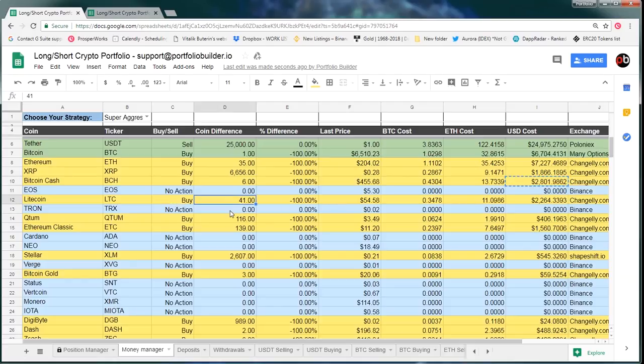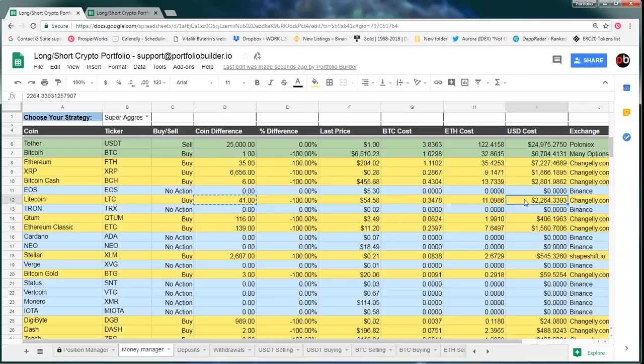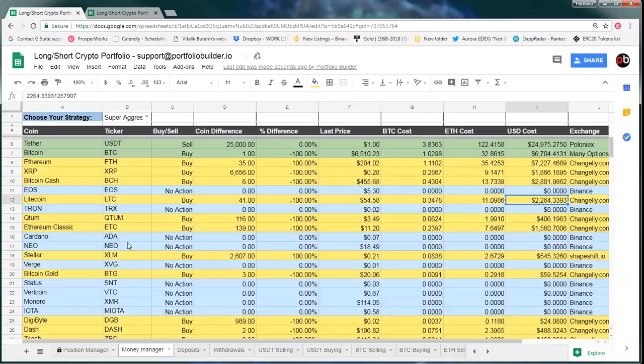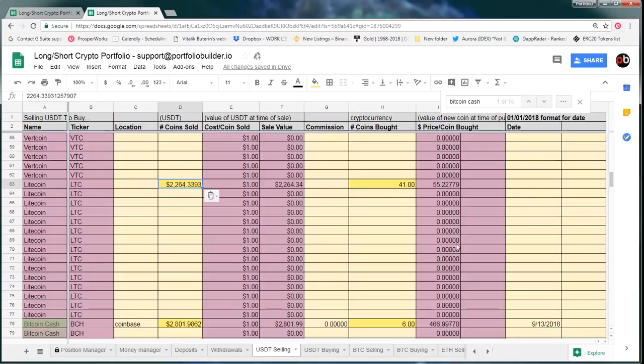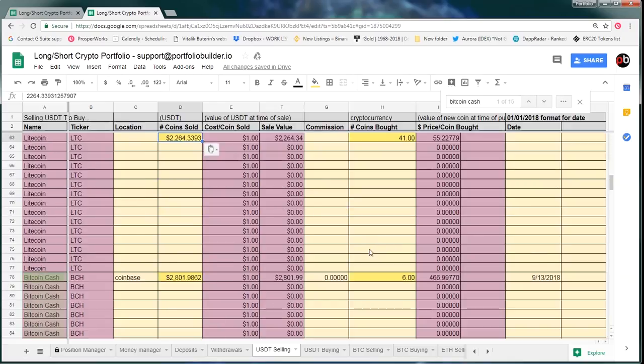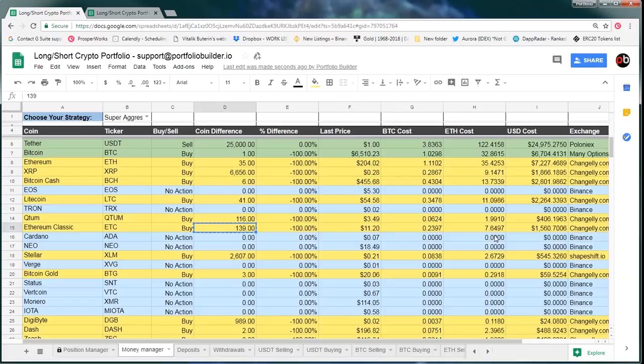Litecoin. We're going to get 41 Litecoins. There it is. It's going to cost me $2,264. And now I can get my Ethereum Classic position. $1,560.